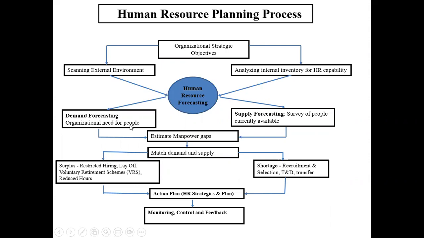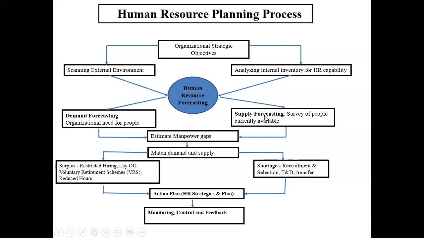Now, anytime we do demand forecasting, we will be presented with some figures. And anytime we do supply forecasting too, we will be presented with some figures. So the outcome of the demand forecasting may project that in order to manage the new campus that we intend to set up, we will need at least 50 people for the campus to work very, very well.